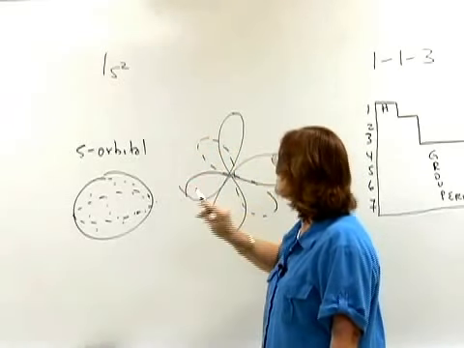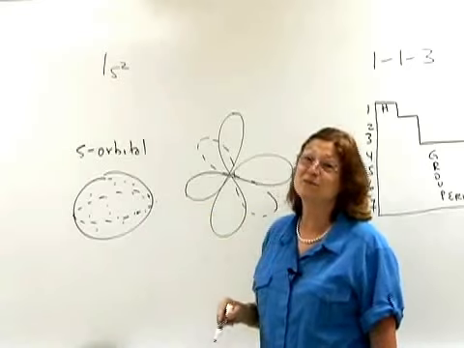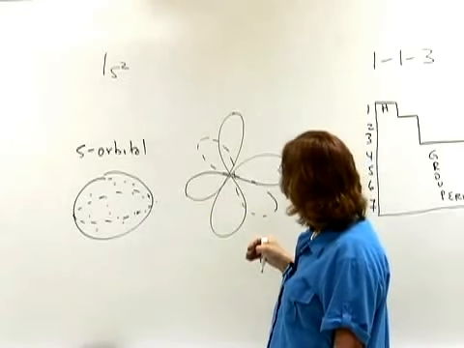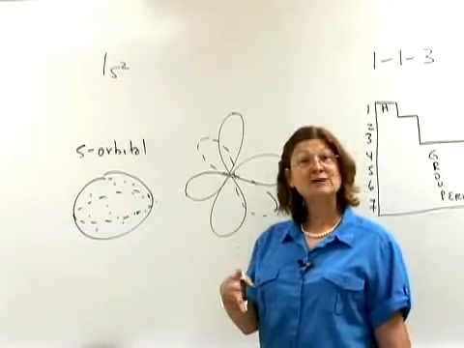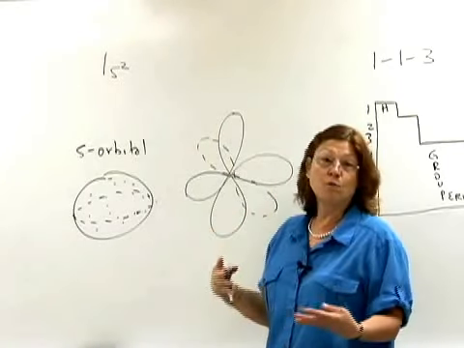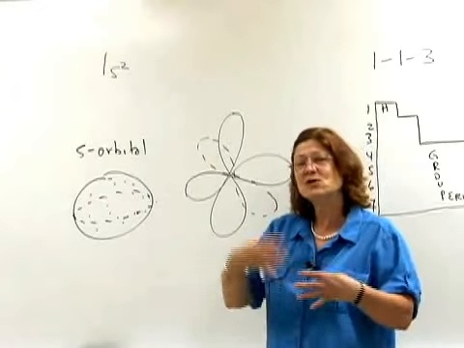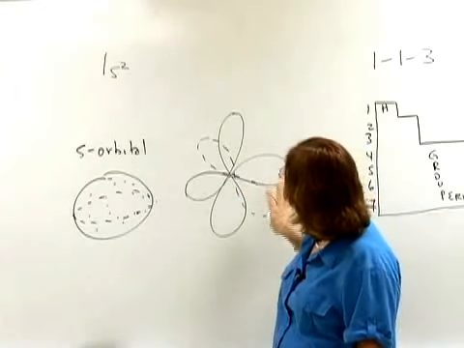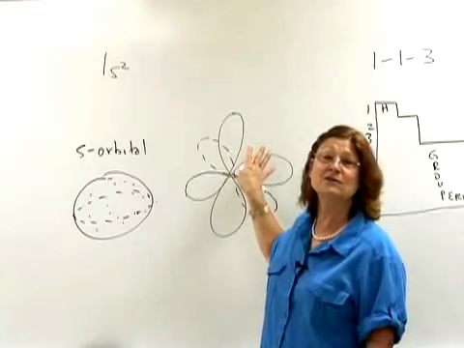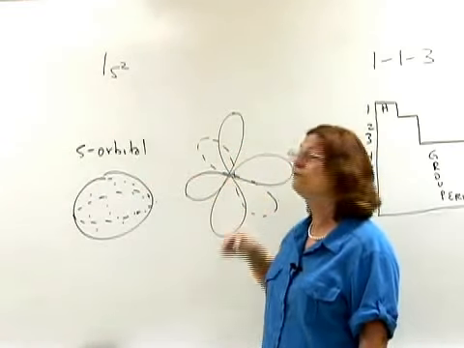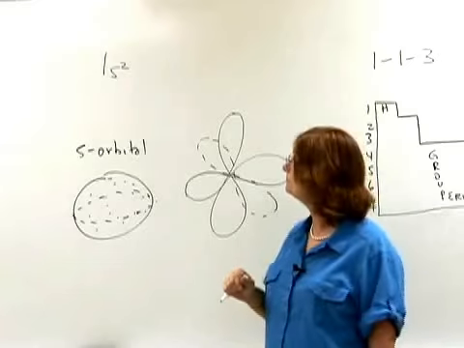A textbook would have a much better diagram than what I can do, but for illustration purposes, this is fine. And we can have 2 electrons per orbital. So in the p sublevel, and orbitals and sublevels are terms that we use somewhat interchangeably, the orbital is actually the probability area of finding those electrons, and the s and the p would be considered sublevels.